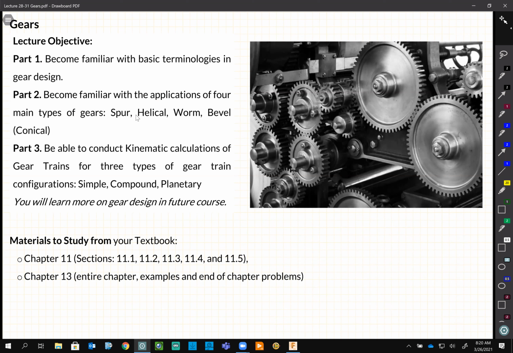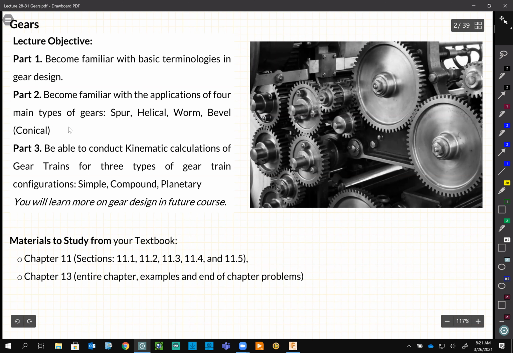Or they may ask, what is the diameter of the gears? A person who doesn't know too much about gears thinks that when we talk about the diameter of a gear, it's the outside diameter, but it's not the outside diameter. So, some fundamental terminologies. And then you'll become familiar with 4 types of gears: spur gears, helical gears, worm gears, and then bevel or conical gears, and their applications.